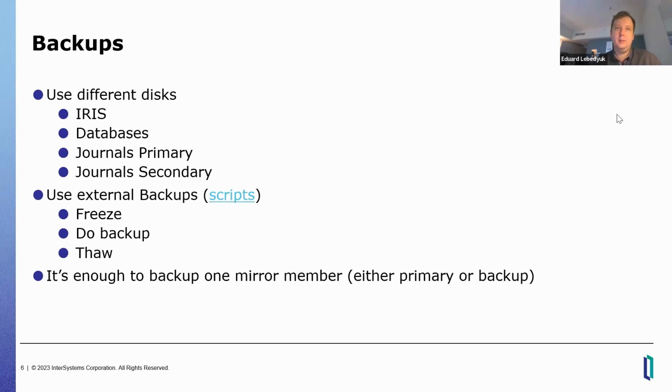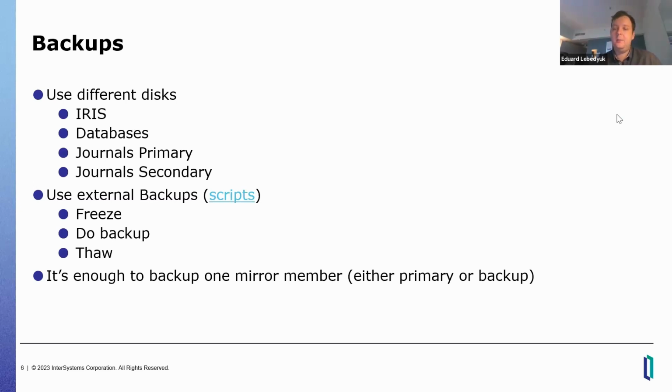So when you do a backup, remember that the backup is true at the time of the freeze, and it would be consistent at freeze time. And after that, of course, on the post-backup callback, you need to unfreeze the system.